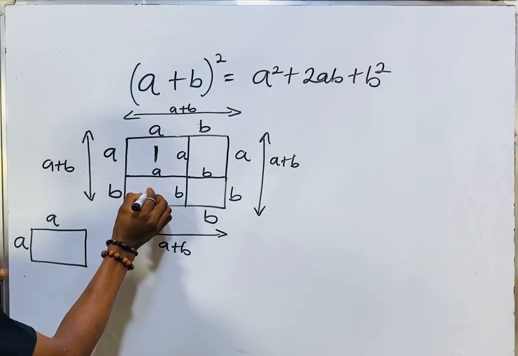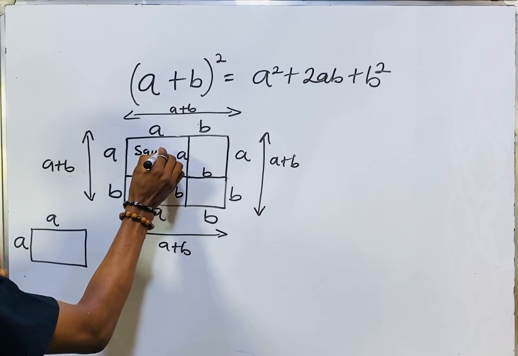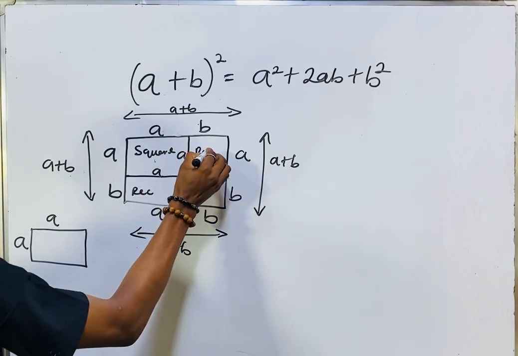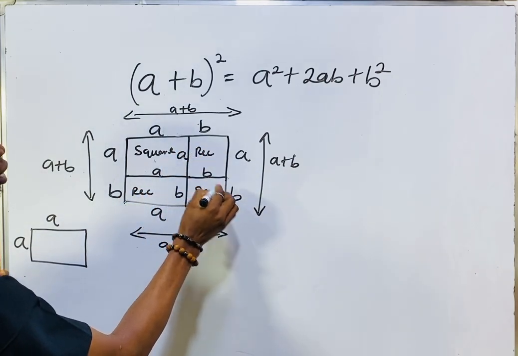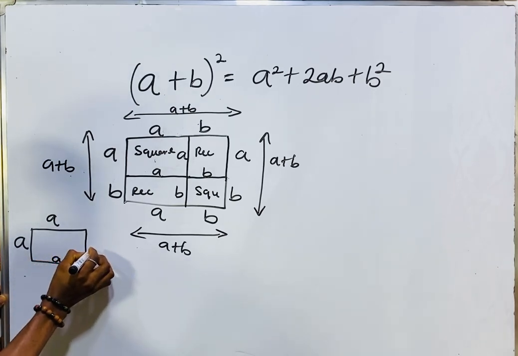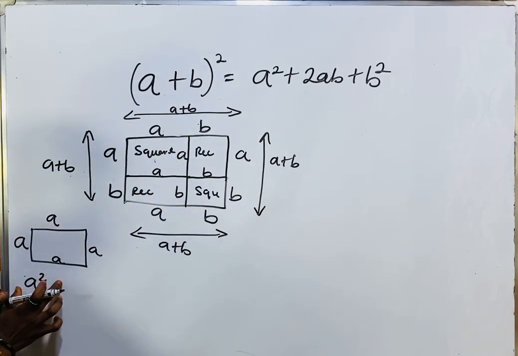You can call this one rectangle, square, rectangle, and square. So when we bring this, we are going to have a squared, right? Which is a times a. We are through with this one.